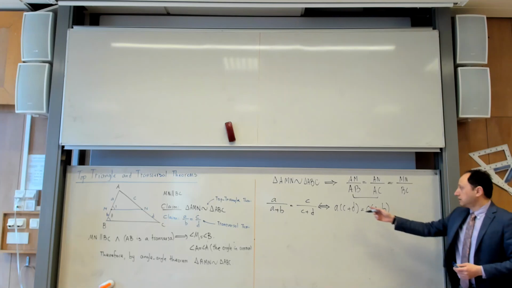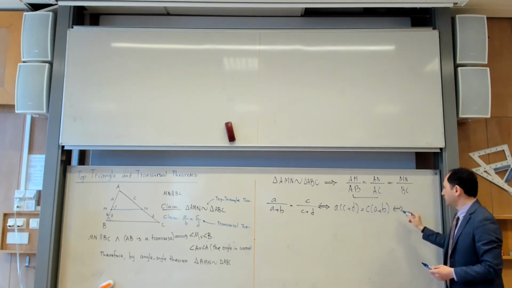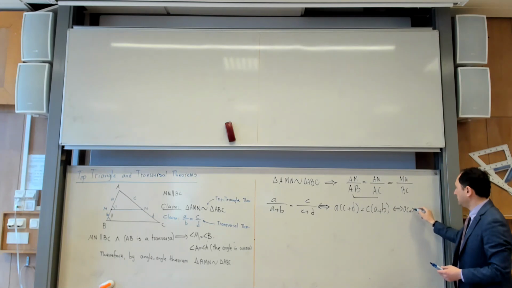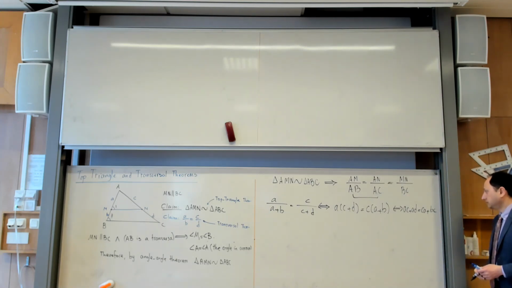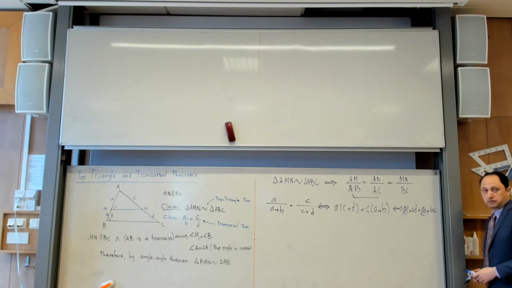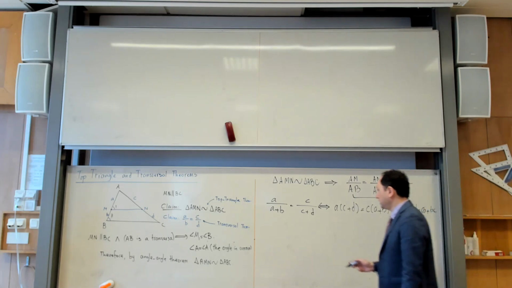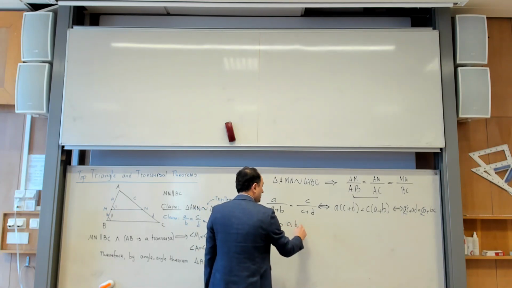But then this happens if and only if I multiply a inside, so it becomes ac plus ad equals ca plus bc. But then suddenly you see this is exactly the same thing here. So I can move it to the left, make it negative, and then cancel it out, yes? And then what is left for me is ad equals bc.